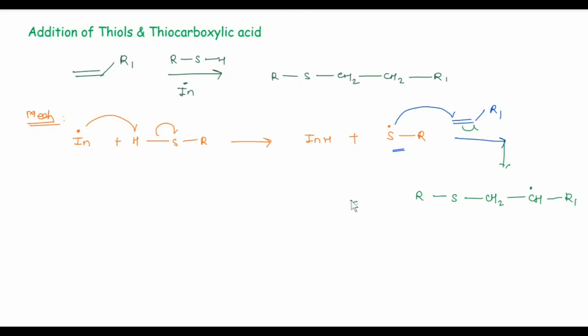In the next step, this carbon radical abstracts hydrogen radical from another molecule of thiol and formation of our product takes place, plus thioxy radical. This thioxy radical further reacts with another molecule of alkene and chain reaction takes place.